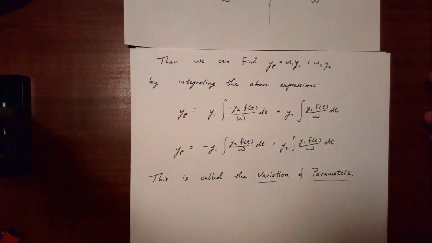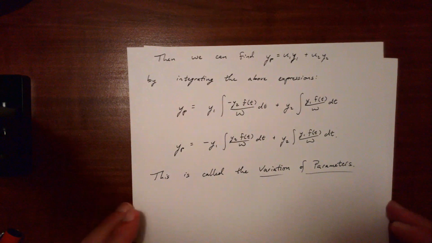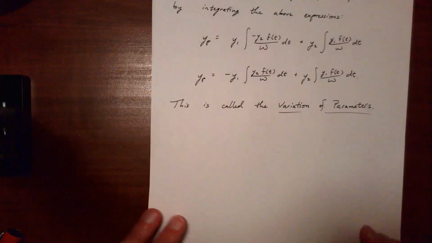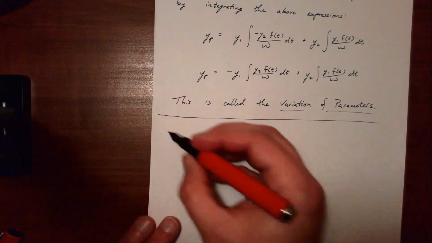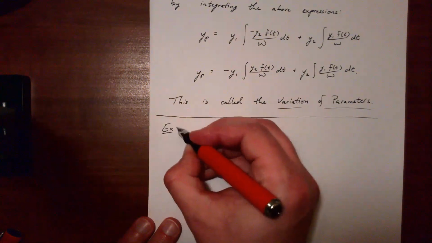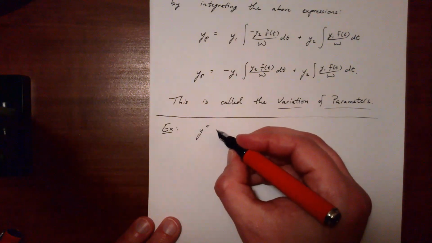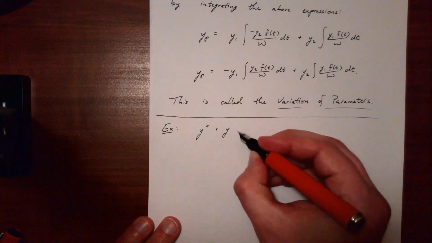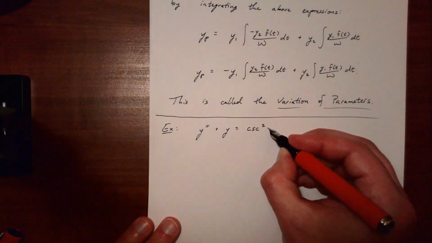Alright, well, let's give this a try. Let's try an example of this very process, and the example we'll take is going to have this form: y double prime plus y is equal to cosecant squared x.